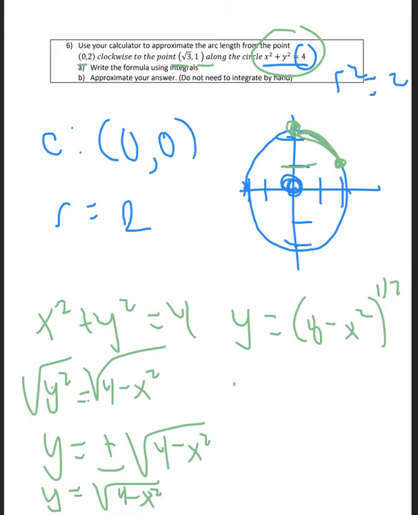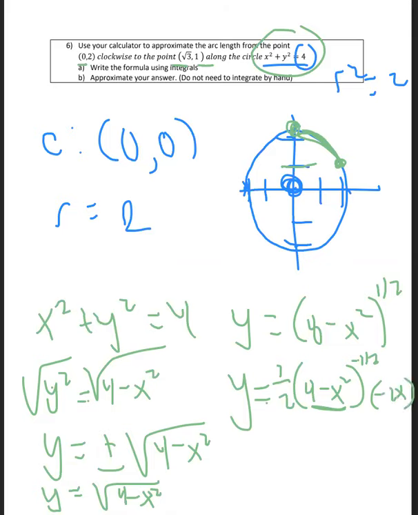Remember that you bring the 1/2 to the front. It's 4 minus x squared, and then you subtract 1, so you have negative 1/2. Remember the chain rule. Since the derivative inside this part is not 1, you have to take the derivative inside too. That's negative 2x, and then you stop.